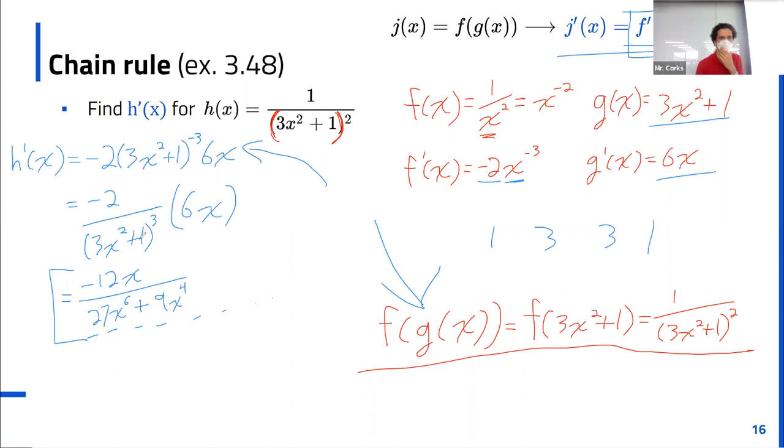Okay, and then times that's just 1. Okay, and then we would have 3x, it's 3x squared and then 3x squared and then times 1 to the exponent 1. So that's 9x to the exponent 4.